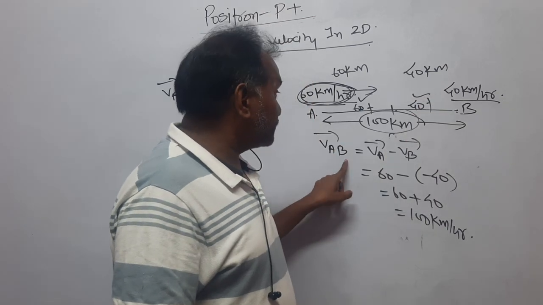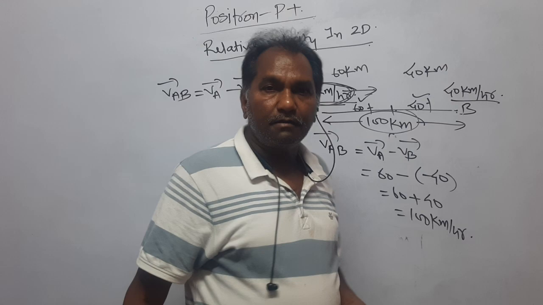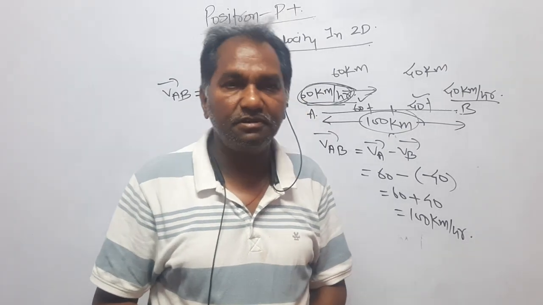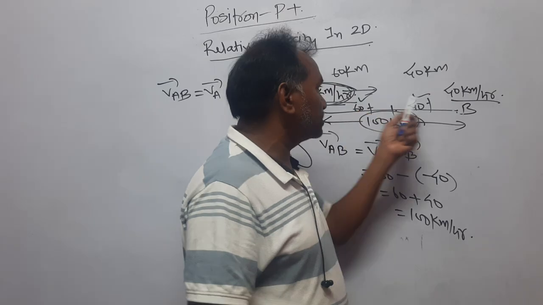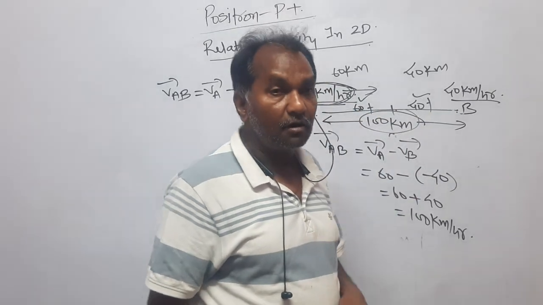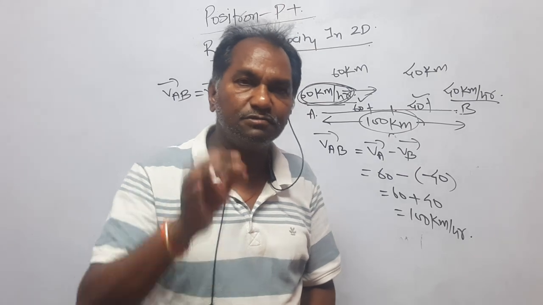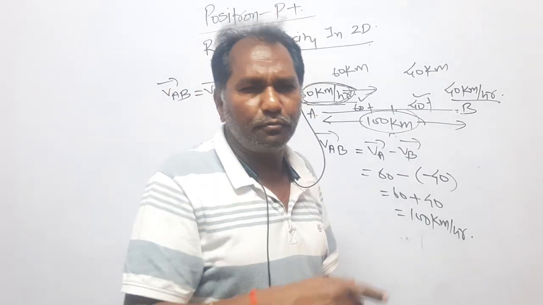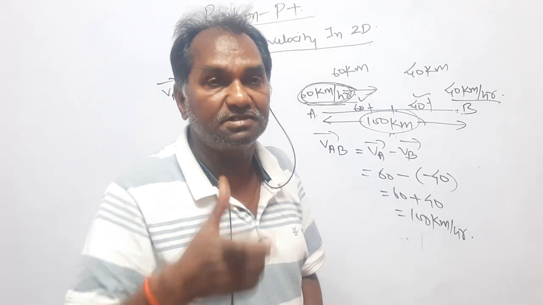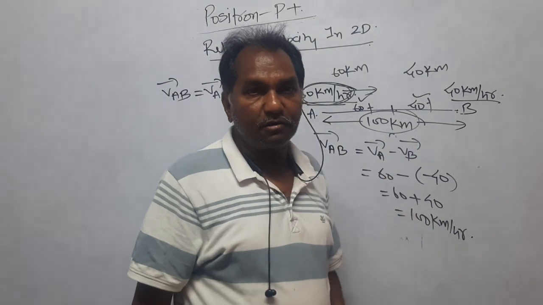Initially the two vehicles A and B are approaching towards each other with velocities 60 km per hour and 40 km per hour. But when you apply the concept of relative velocity, VAB means what would be the velocity of A when B is at rest. So VAB works out to be 100 km per hour.